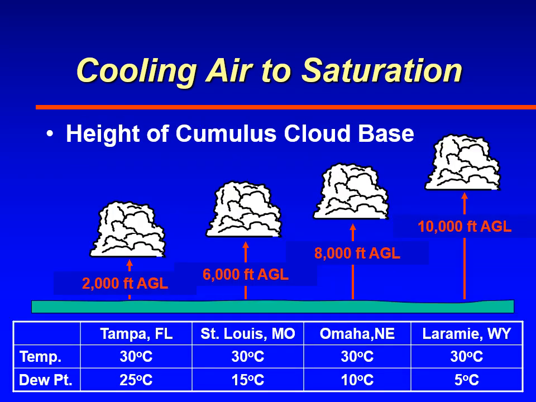That's what this shows. It shows for a particular day, if the temperature is the same all across the United States, and that's not always the case. But if we just said that the temperature is the same and the dew point decreases as you move into the mountains, you notice that the spread increases, and as a result, cloud bases also increase dramatically.